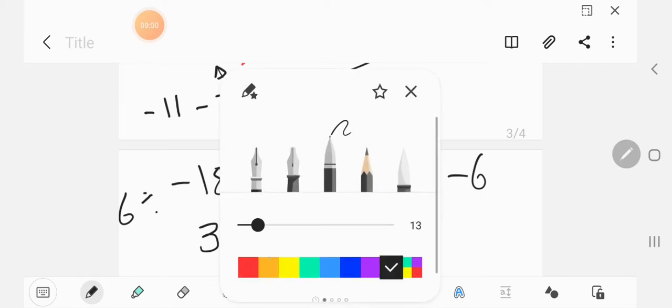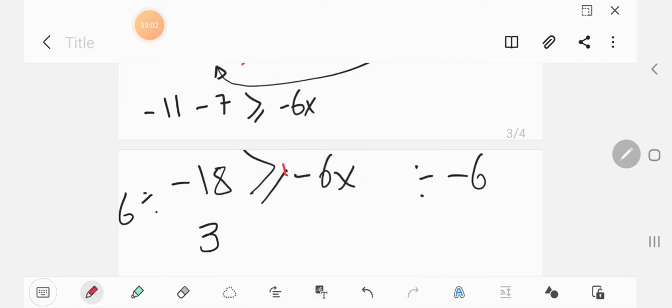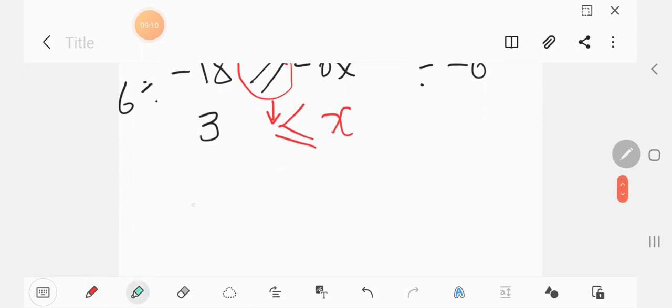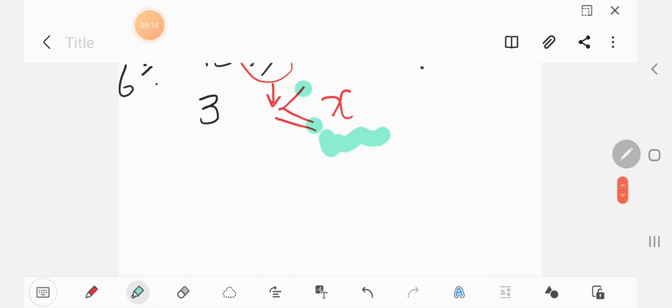And this one, what shall we do with this one? It's going to flip: smaller than or equal to x. So can you read it from the x? Here we have the bigger side, or the bigger number of sides. It will be x greater than or equal to 3, or 3 is smaller than or equal to x.